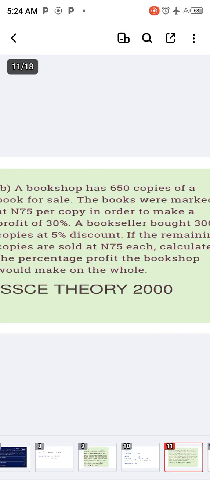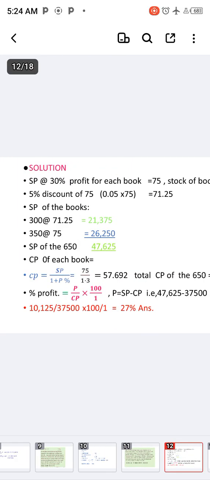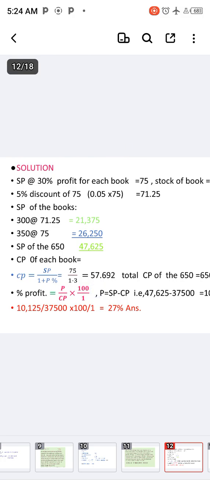So first of all, we are going to find the cost price of each book. Then we are going to find the discount that was given to the bookseller, and then we calculate the percentage profit. Now, selling price at 30% profit for each copy is equal to 75 naira.